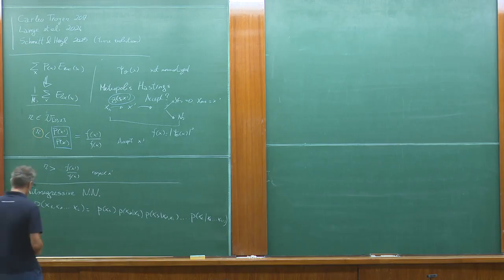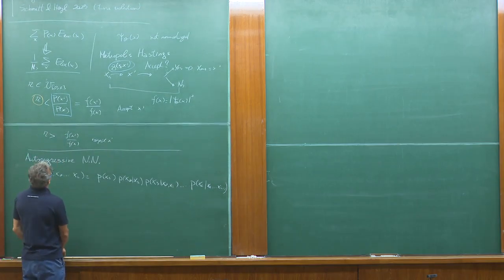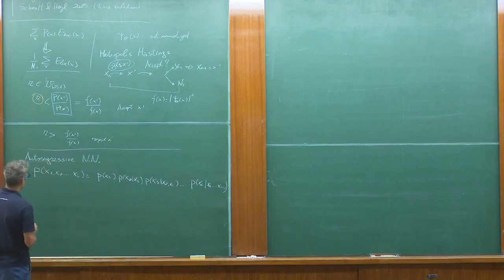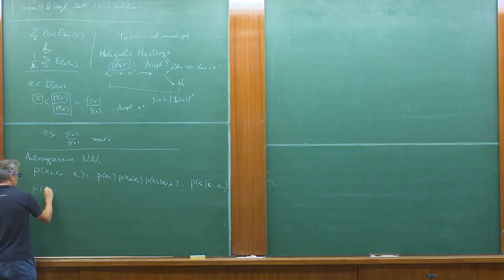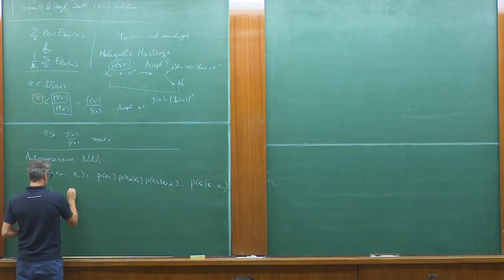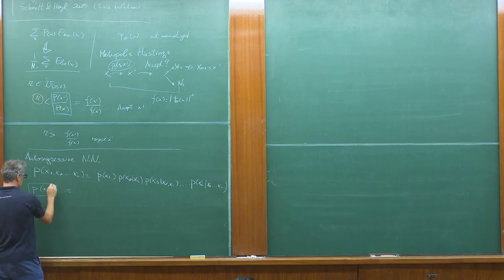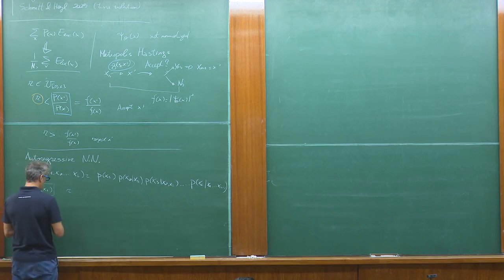But it has the advantage that you can sample configurations from this very quickly and very easily by doing this. First, you pick p of x1, and you compare it to, again, a random number r. Okay, so you have a p, and you have your r, and you compare.